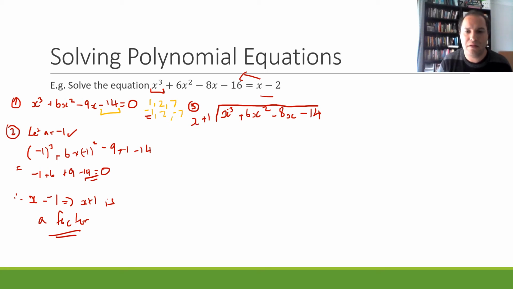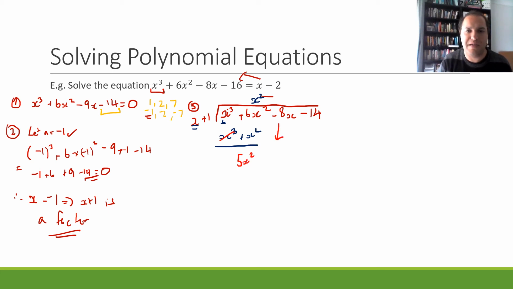Looking at x into x cubed, that just goes x squared times. Applying our long division, x squared times x is x cubed, x squared times 1 is x squared. Subtracting those, the x cubes cancel, 6x squared minus x squared is 5x squared.